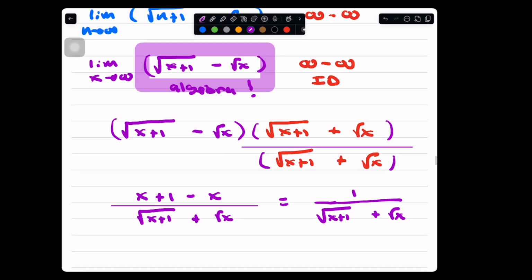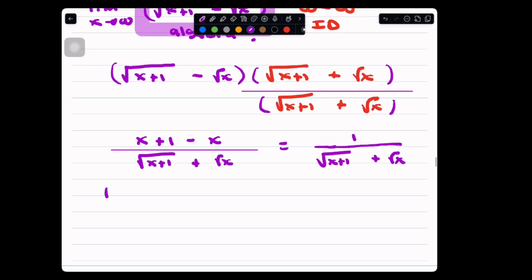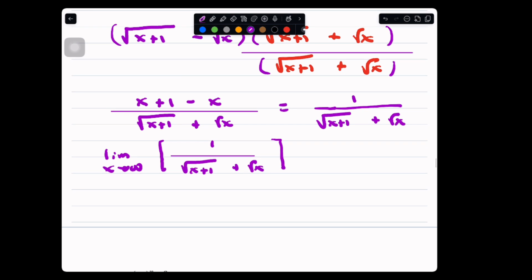Okay. All right, ladies and gentlemen, this is the limit that we need to look at. And we could go back to n because we're not using L'Hopital's rule. We're just using algebra. What's this limit? Do you guys know? 0. Good job. This limit is 0.